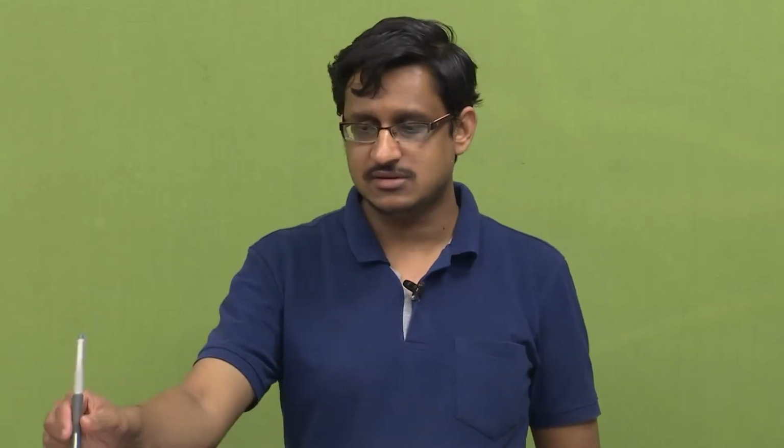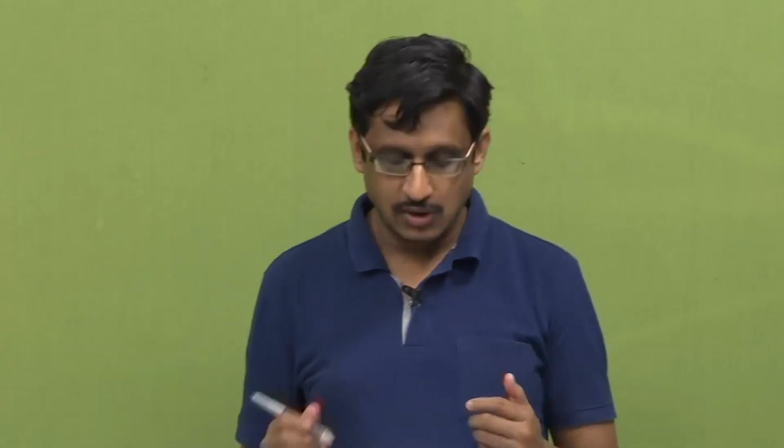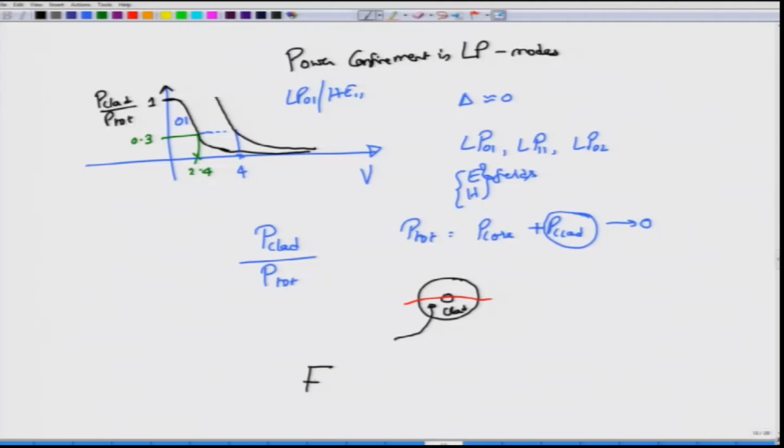So, this completes our understanding of LP modes. Whenever next time I talk about a mode, what I am actually talking about is this f of x comma y, alternatively f of r comma phi, which would describe the LP LM modes.